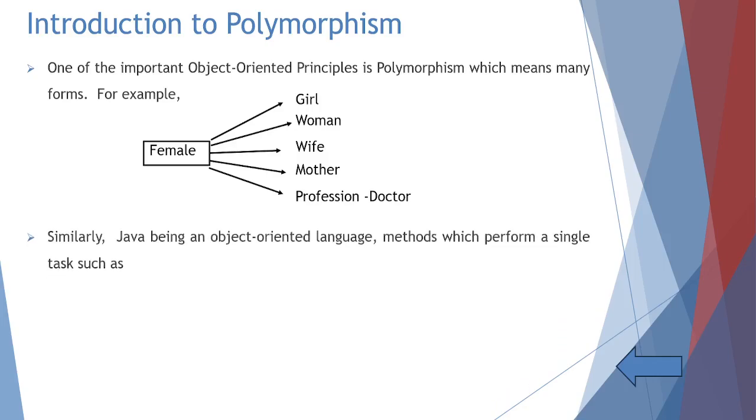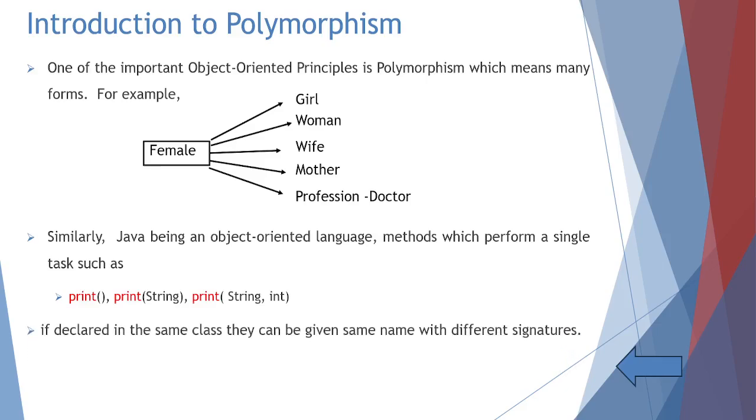Similarly, Java being an object-oriented language, methods which perform a single task such as print without parameters, print a string as well as integer. So if declared the print methods in the same class, they can be given the same name but with different signature.